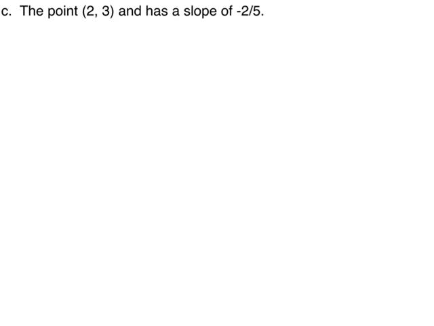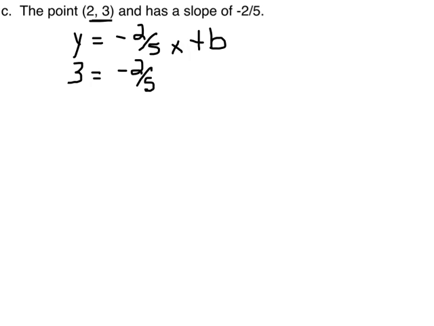Okay, a couple more. Find the equation of the line that passes through the point 2, 3, and has a slope of negative 2/5. Y equals negative 2/5 x plus b. And then I'm going to put these points in. 3 equals negative 2/5 times 2 over 1 plus b. 3 equals negative 4/5 plus b.